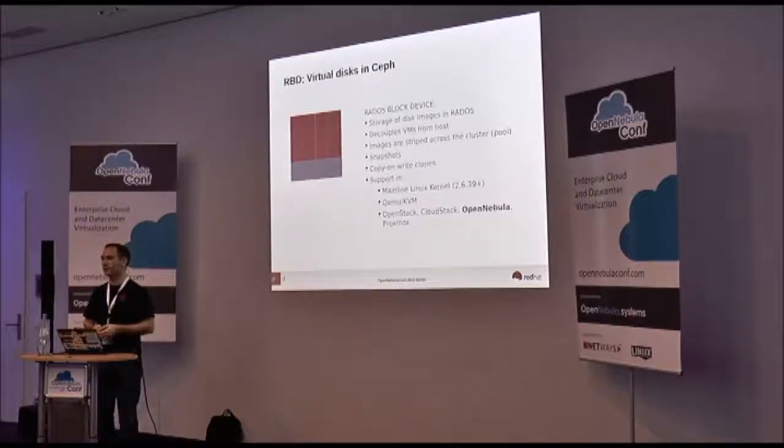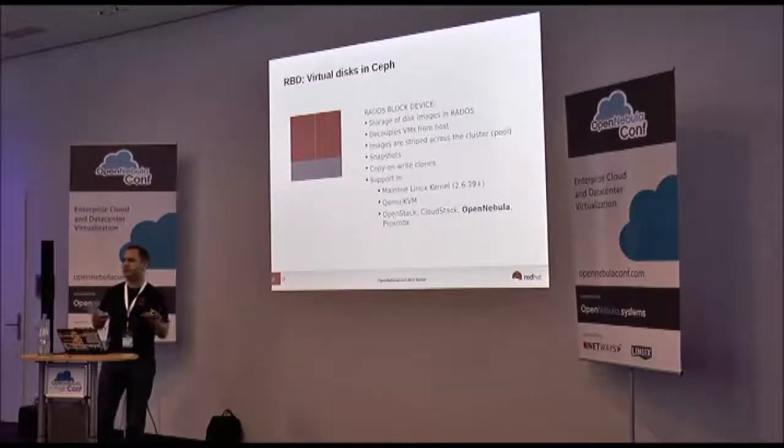So we essentially take the offset within the image, find which 4 megabyte chunk it's in (that's customizable, but 4 megabyte by default), and that chunk corresponds to a RADOS object that we can go and get and store from the backing store.